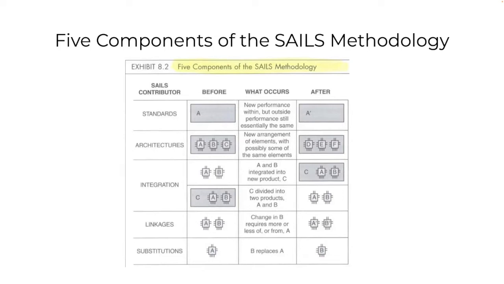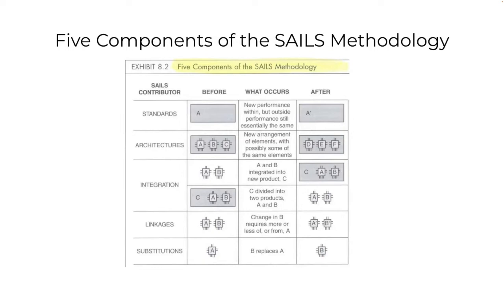And at the time of integration, we combine and separate these inventions. And at the time of the linkages, we concentrate on the functional connection between the subsystem and the megasystem. And at the time of the substitution, we are concentrating on threats of new entrants, like new use cases, competitors, new applications.